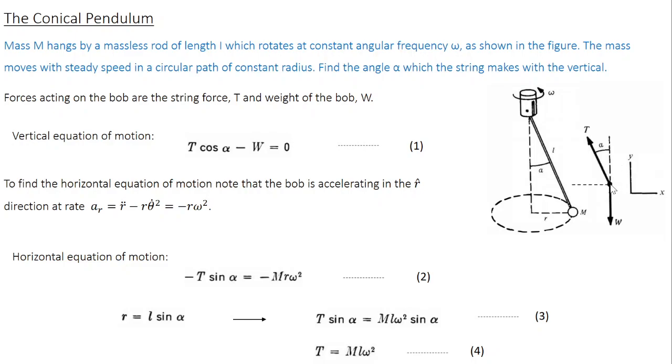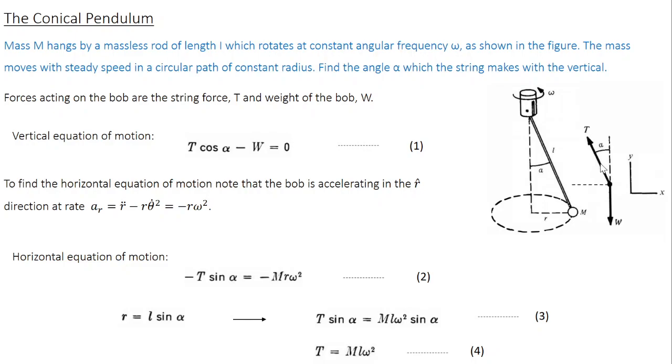You can replace the bob with a point mass of mass M, with weight acting in the downward direction and T acting in the upward direction along the rod. And here alpha is the angle between the string or the rod and the vertical direction. So alpha is the angle between T and the vertical.